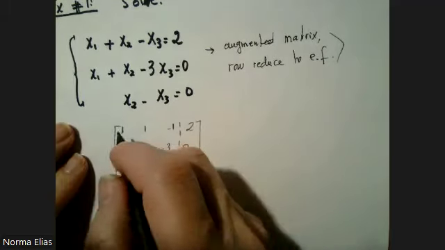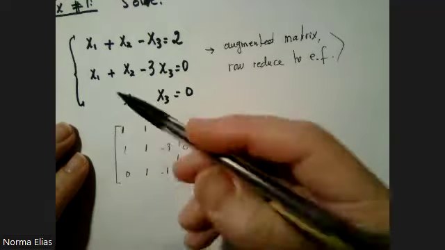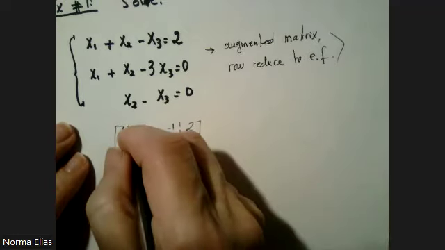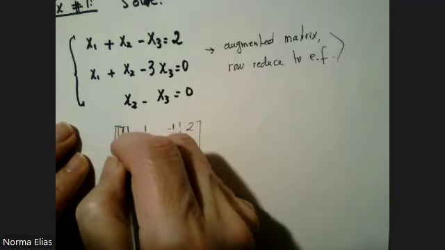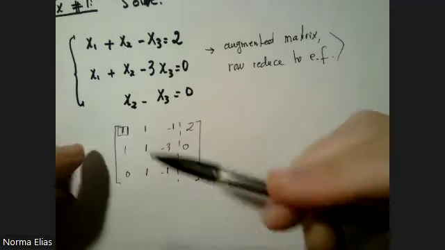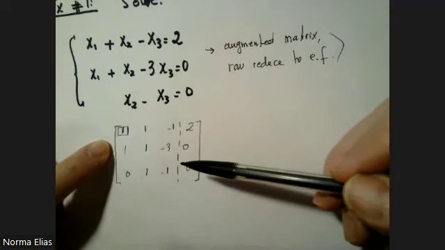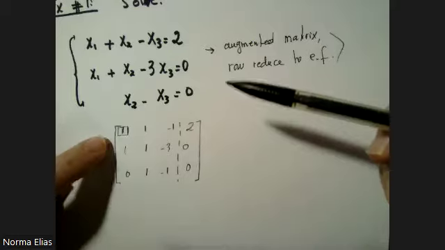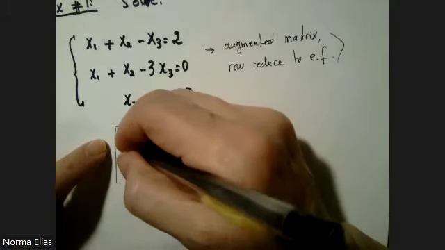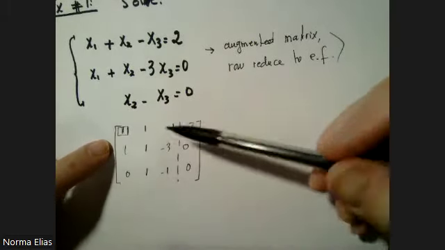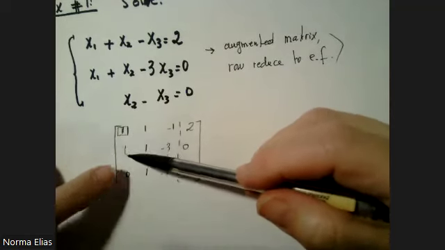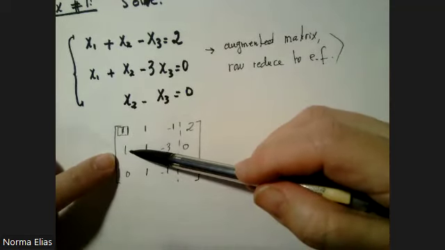As we did last time, since I don't have a 0 here, I will start in here. That's my leading entry. As I'm doing the row operations, you also do it in your head, just to make sure you totally have control over those operations. So I will use this leading entry to make this into a 0.